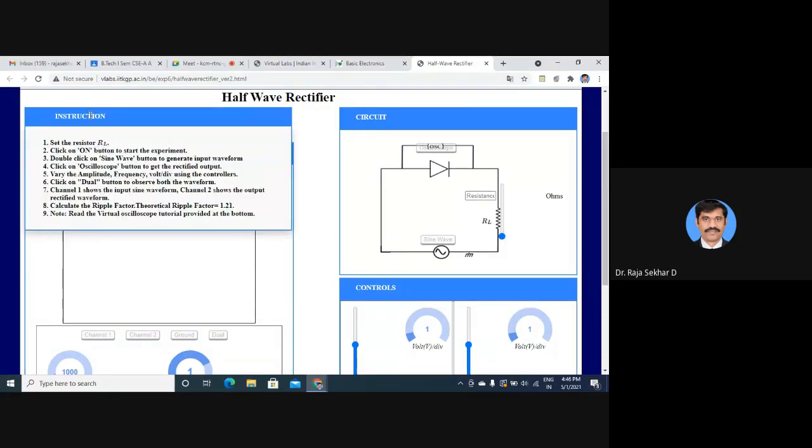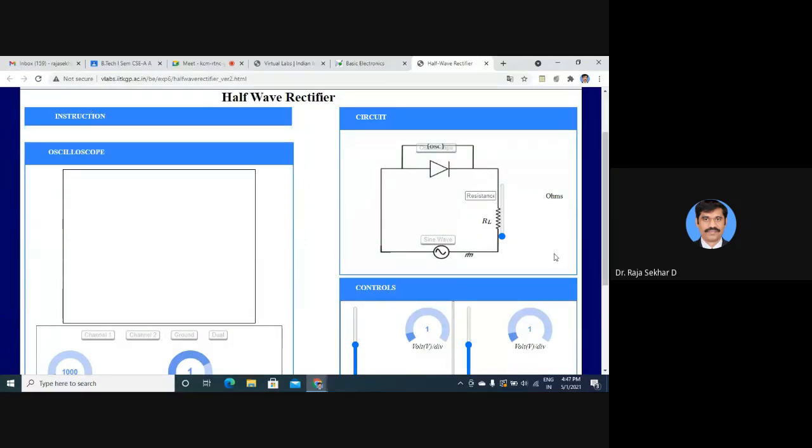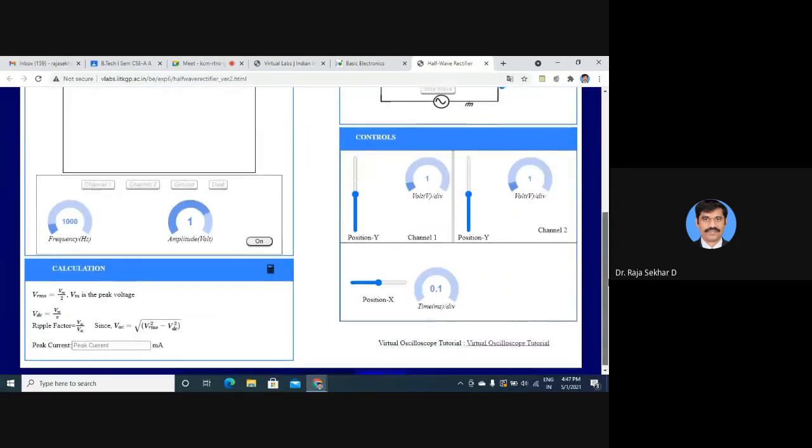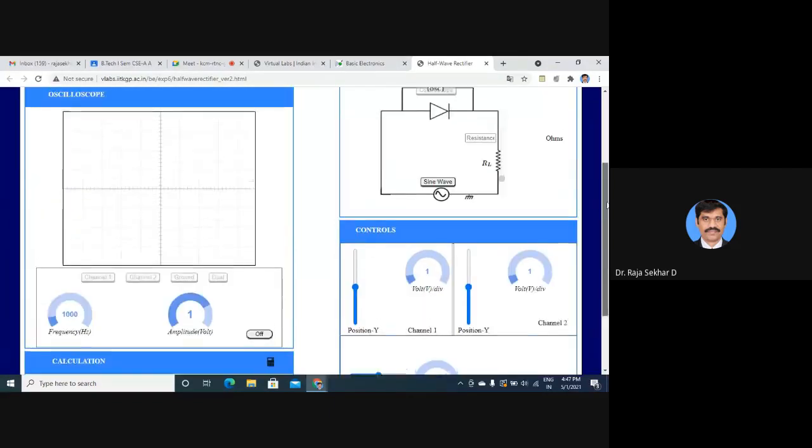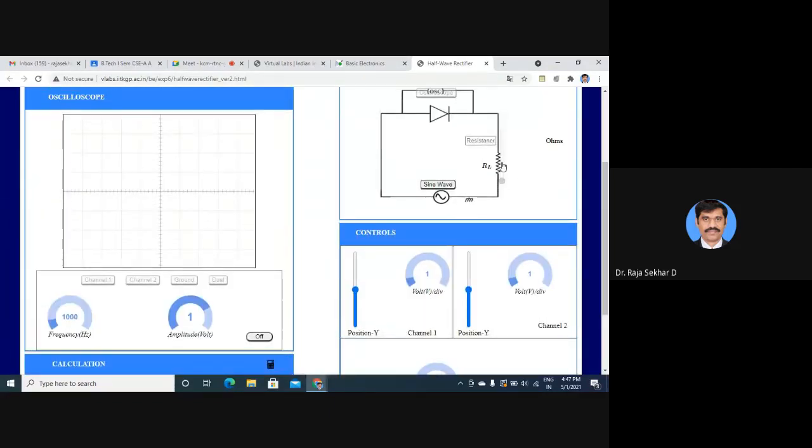Click on the button to start the experiment. Double click on the sine wave button to generate the input waveform. Click on the oscilloscope button to get the rectified output. Vary the amplitude, frequency, and volts per division using the controllers. Now select the resistance value.